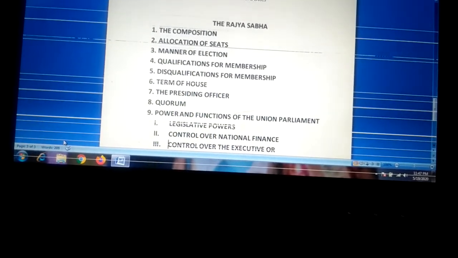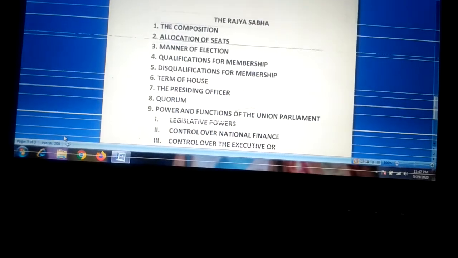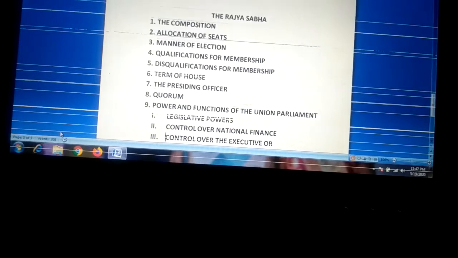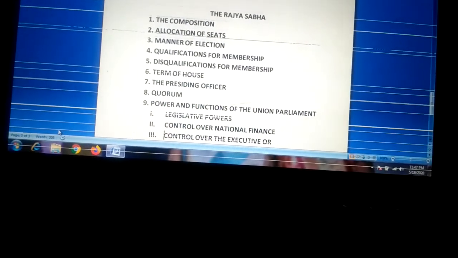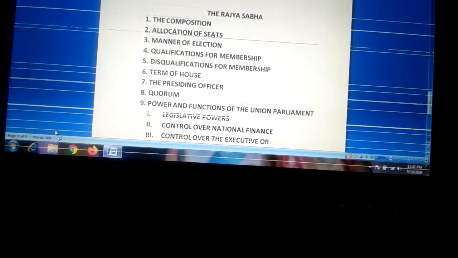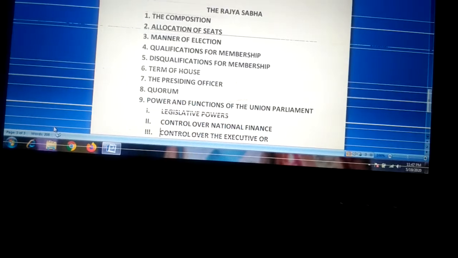The Rajya Sabha must return the bill to the Lok Sabha within a period of 14 days, with its recommendations.